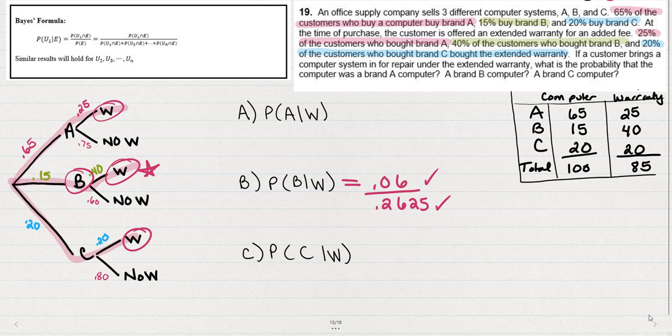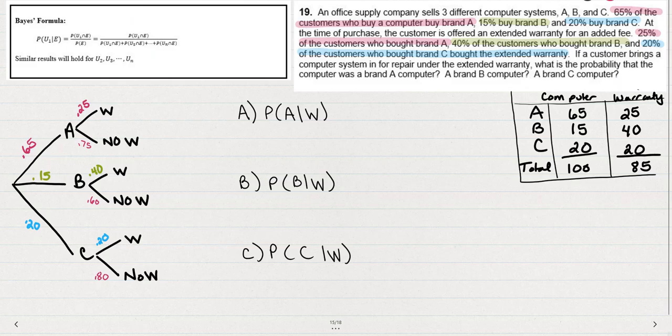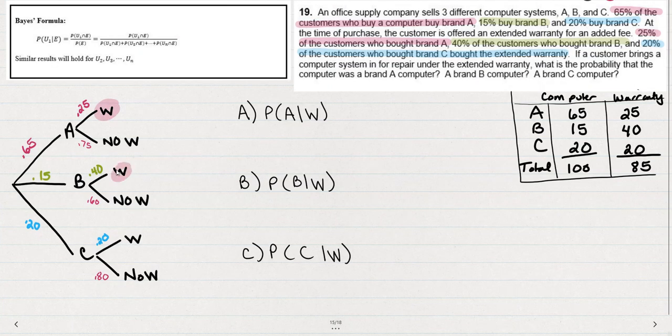But let's look at this last one, C and W. So we know that they got the warranty. We know we're in one of those branches. What's the probability, if we're doing part C, that they had computer C? So this branch right here.